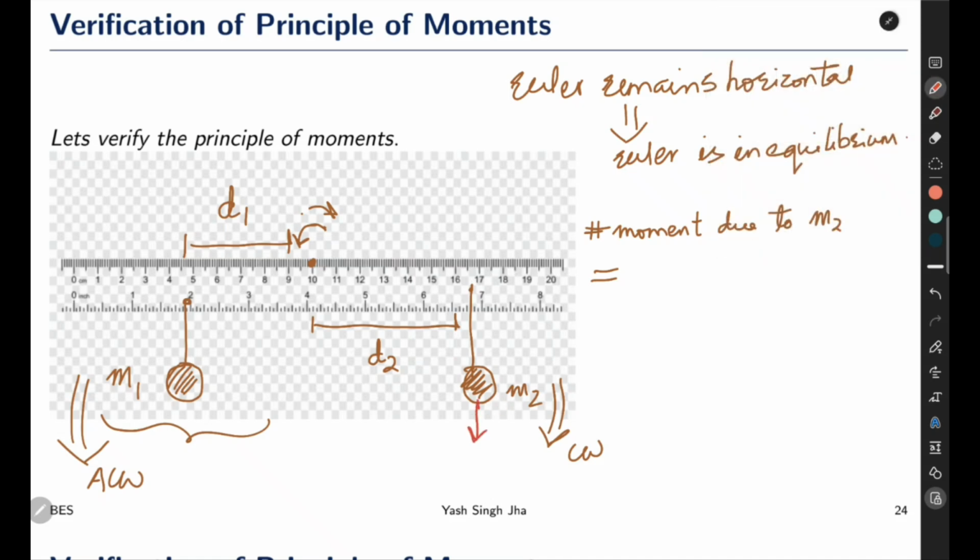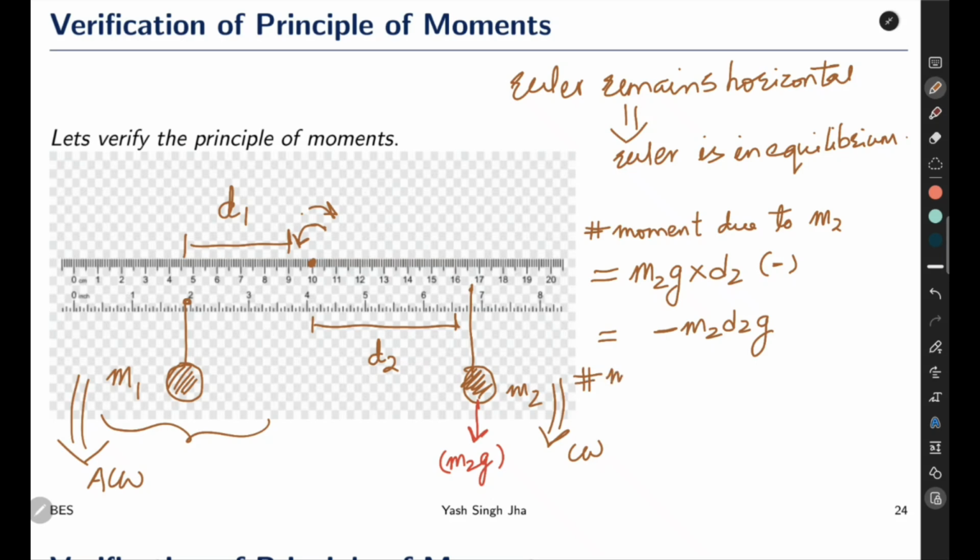The weight is m2 into g, mass times gravity. So the moment is m2g into the distance d2, and it is negative because it is producing a clockwise turning motion. The answer is minus m2 d2 g.